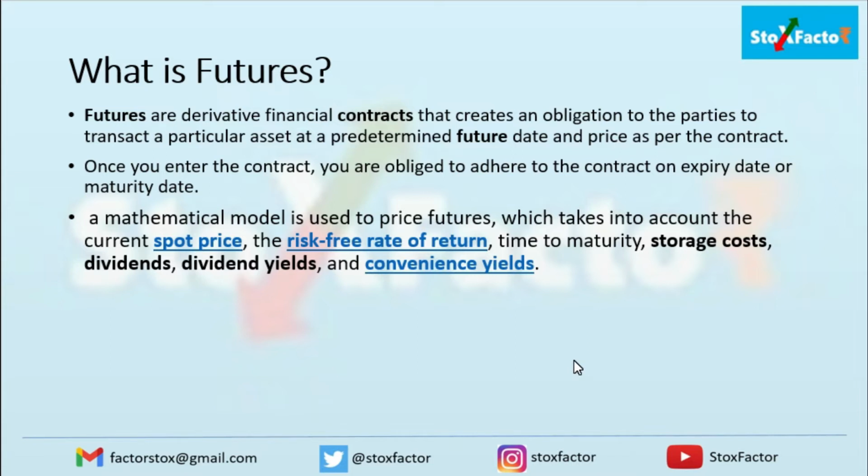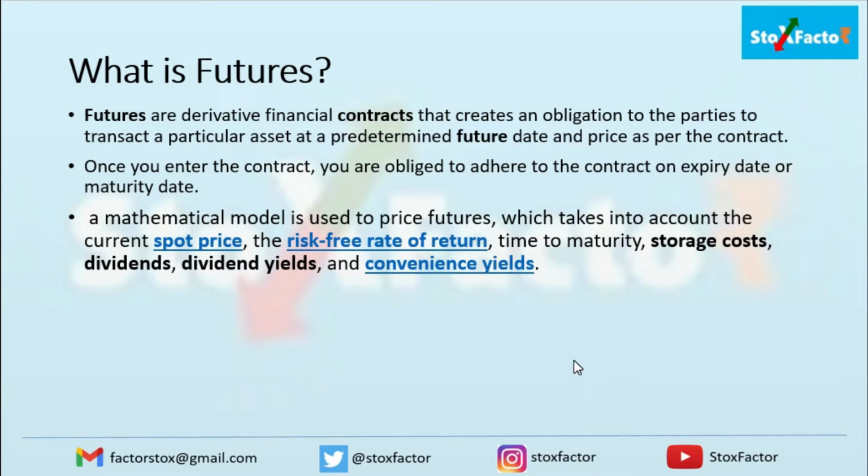So just to give you a sense, the future price takes into account the current spot price, the risk-free rate of return, time to maturity, storage costs, dividends, dividend yields, and convenience yields. So there are multiple factors which affect the future price, but the most important factor is obviously the current spot price, right?